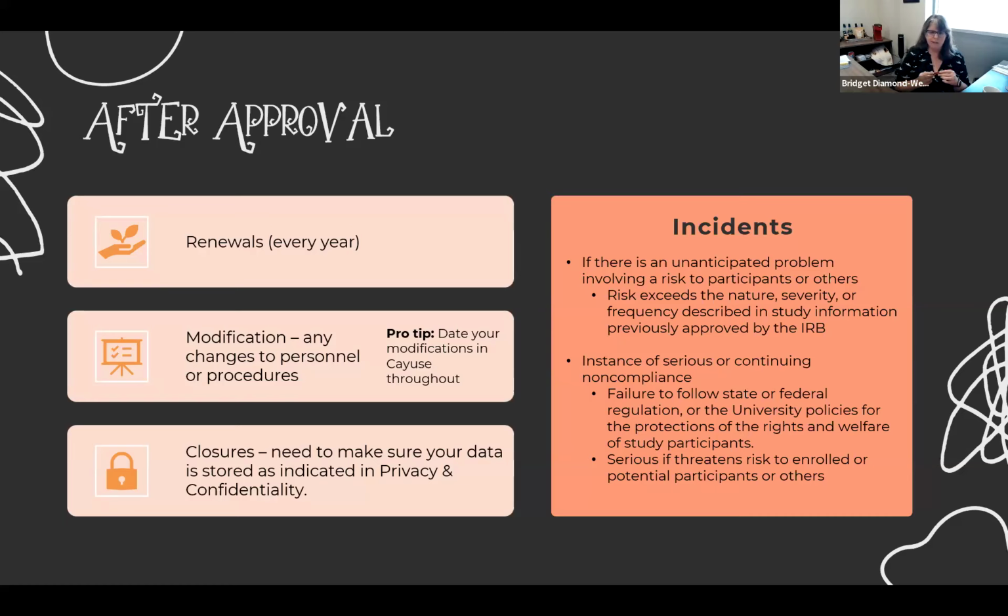And then incidents. If you have any adverse incident during your study, you do need to report that to the IRB. An adverse incident is anything that wasn't supposed to happen, or even something that you did expect to happen but hope wouldn't happen, but that in some way can harm the person that was involved.